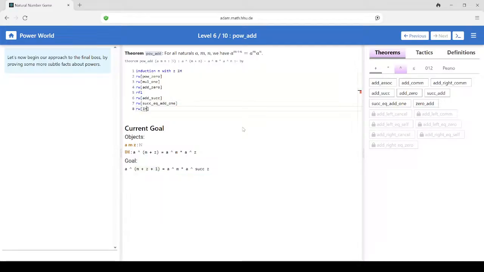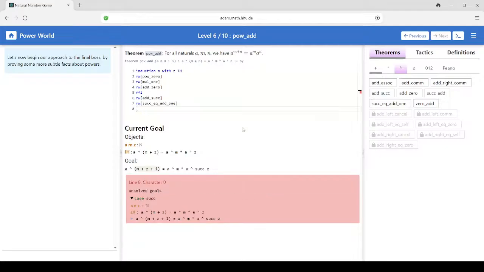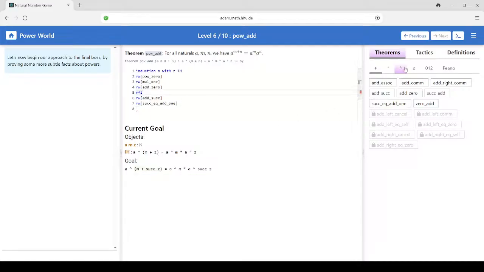Correct? It will not, no. What can we do?